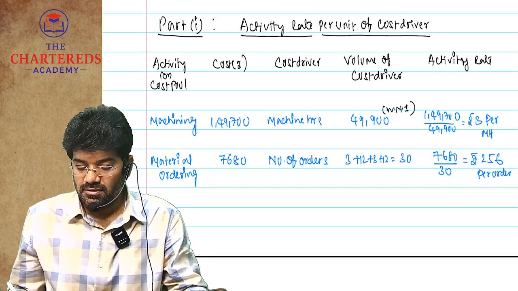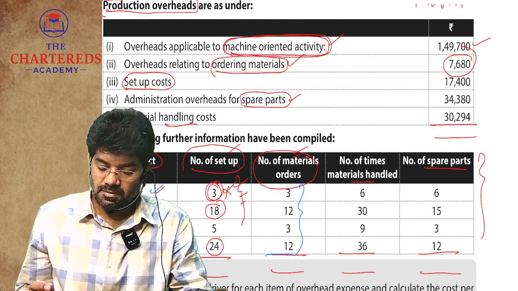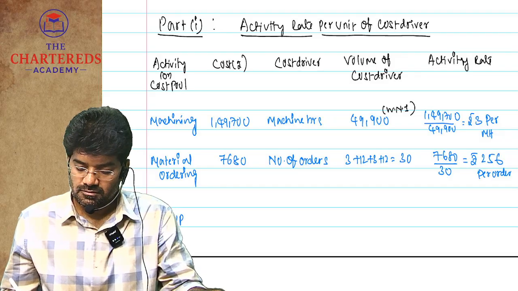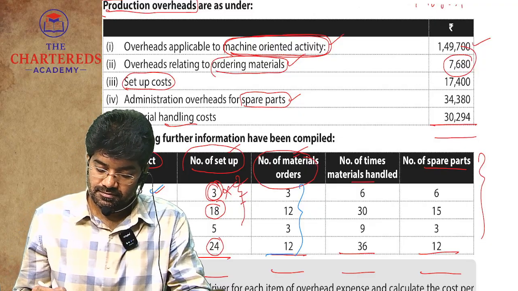Right. Next one, setup activity. 17,400.